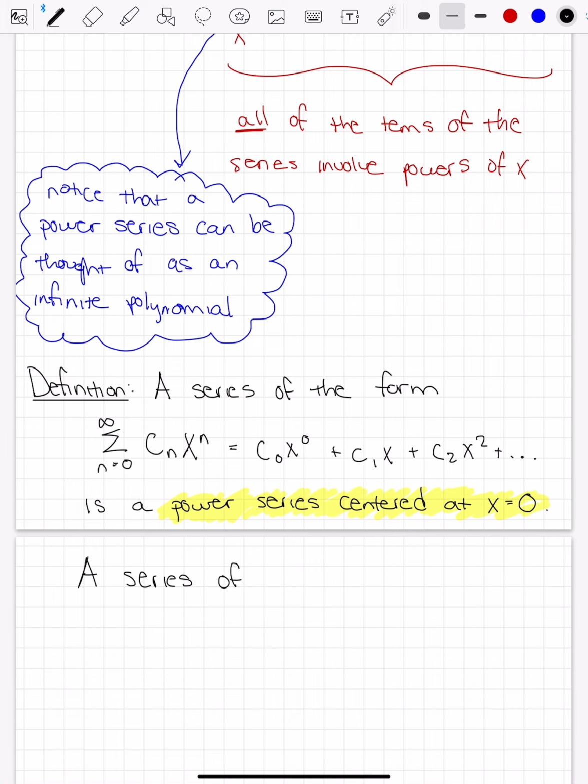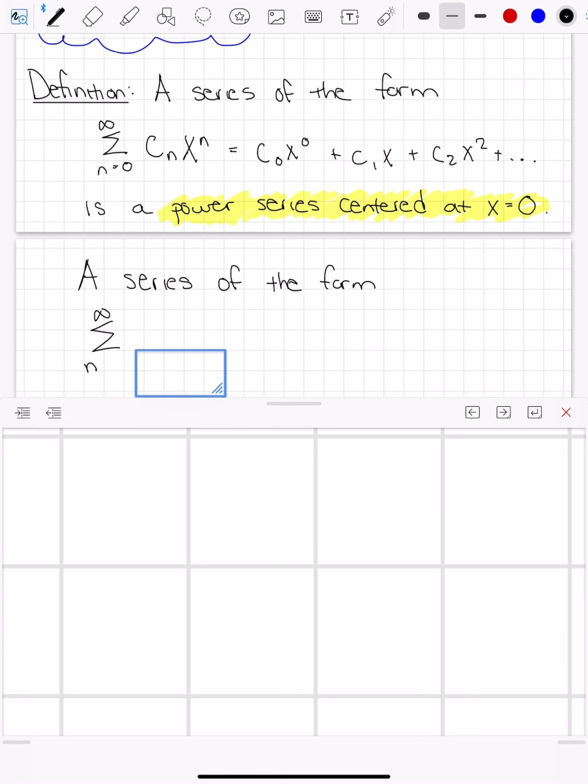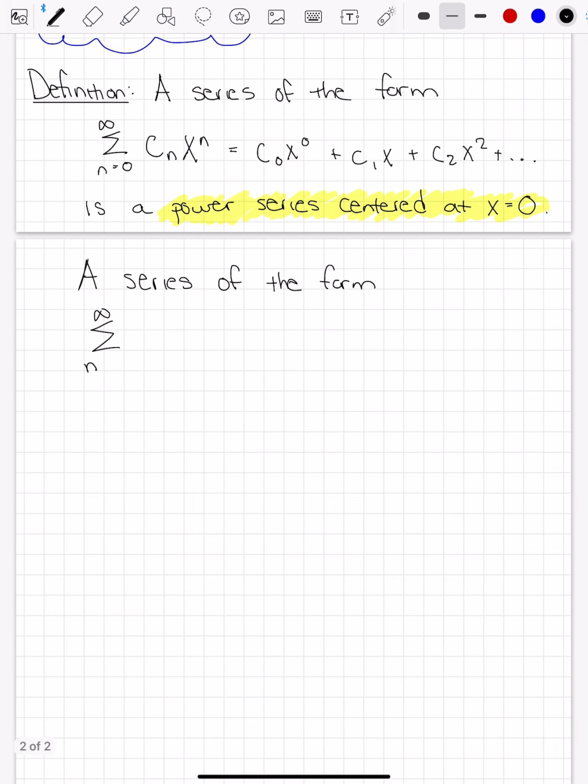So then a series of the form the sum from 0 to infinity of, again, our formula Cn times, this time, x minus a all to the n.